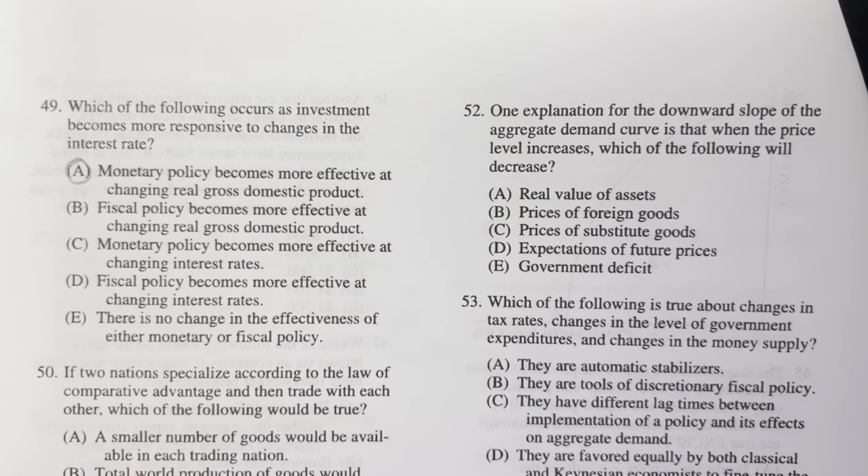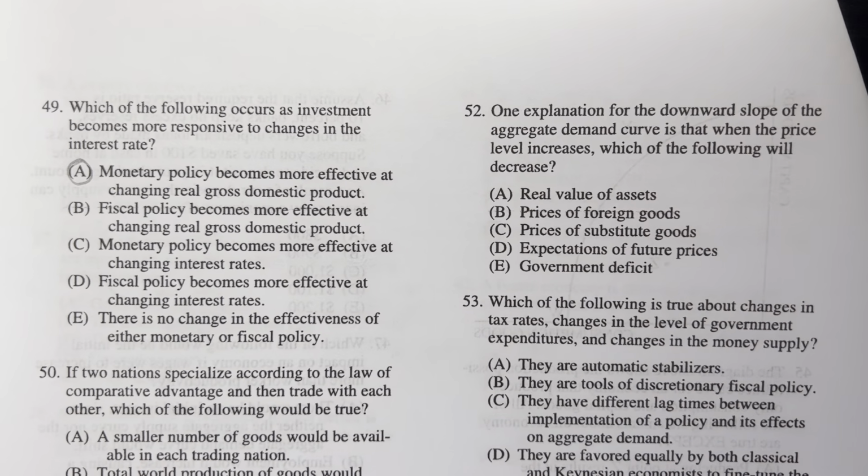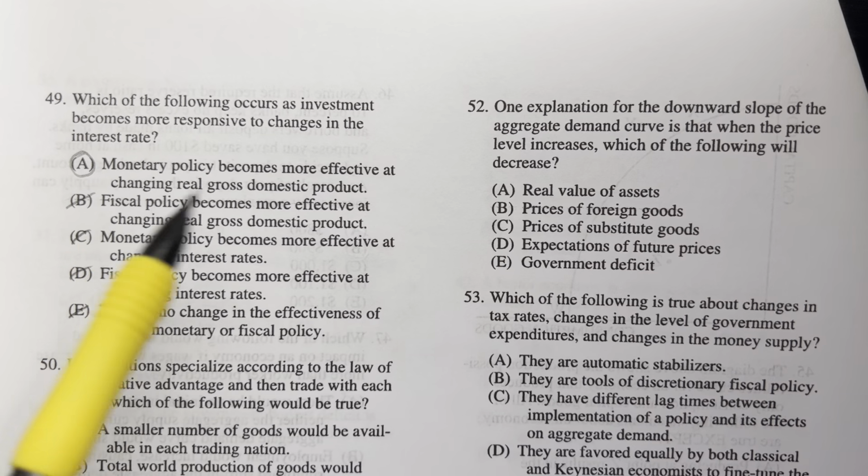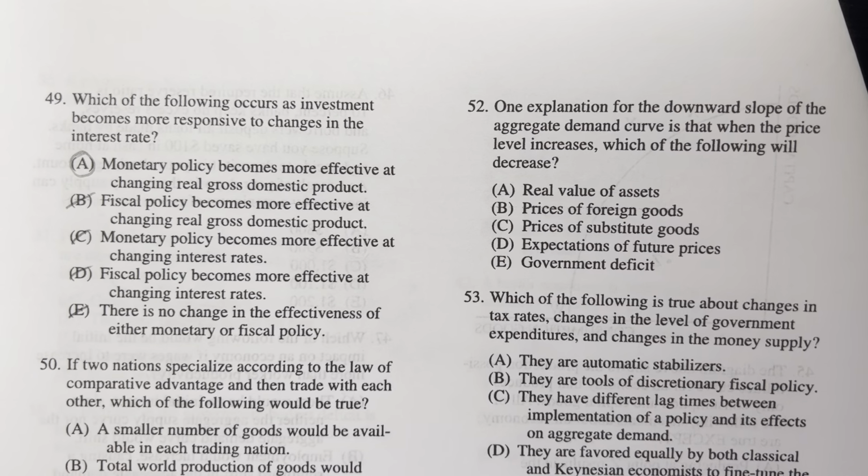You change the money supply, and that changes the interest rates, and fiscal policy doesn't have to do with interest rates here. And we're talking about investment, right? Investment is directly affected by interest rate changes. So monetary policy becomes more effective at changing real GDP. It changes interest rates the same, but the GDP changes more.